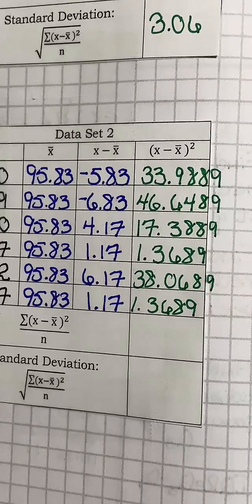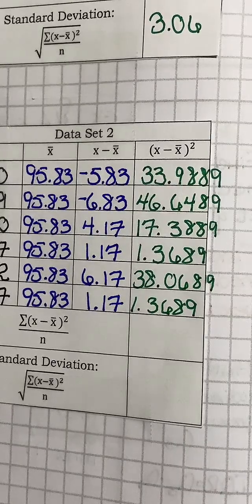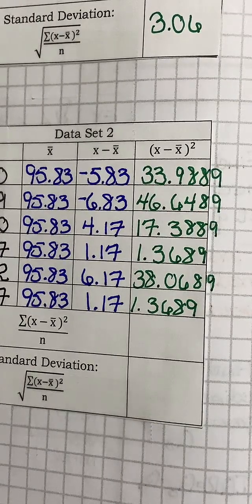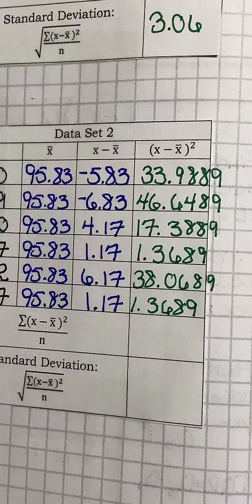Now, we did all of this creation. Now we need to add all these numbers up. Everything that's green. Oops. We need to add those numbers up. Take your time. Make sure you get in every digit, and make sure you're typing your decimal place.